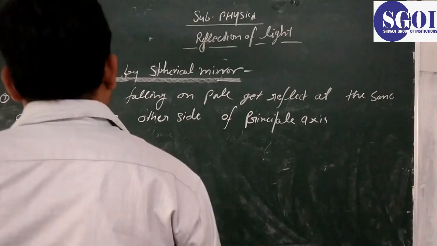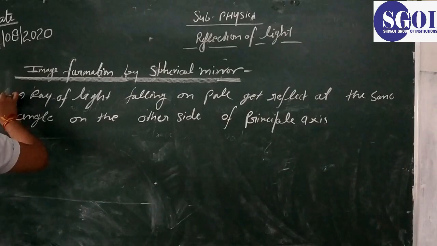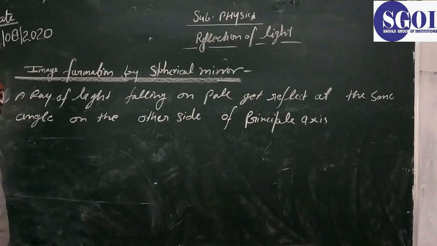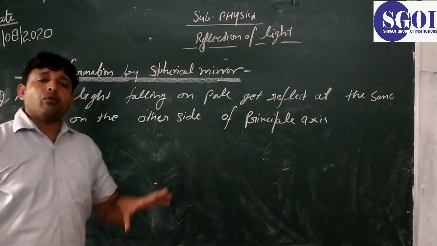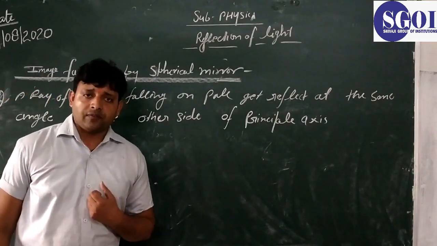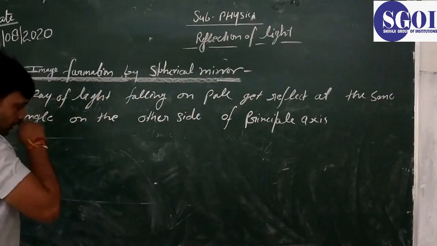The third tip is a ray of light falling on the pole. What is the pole point? The midpoint of the reflecting surface, convex and concave. Now, I am explaining.